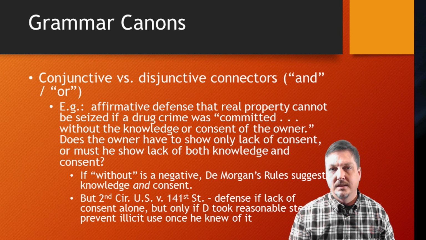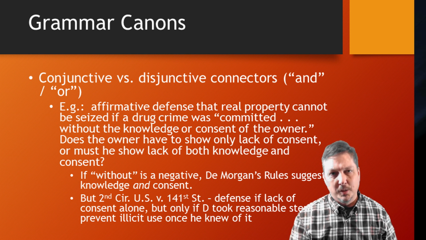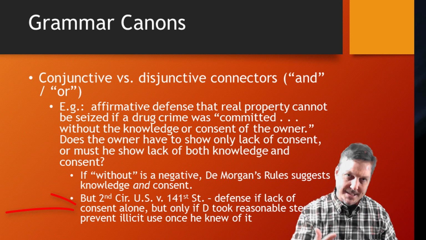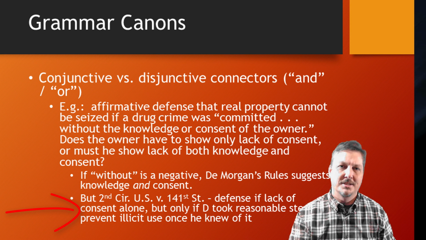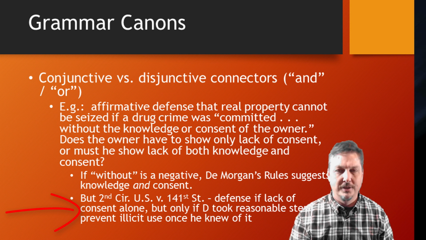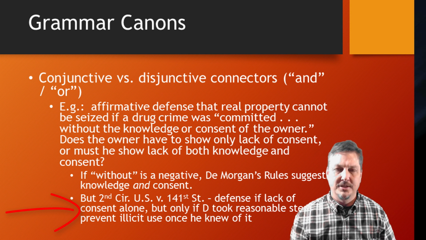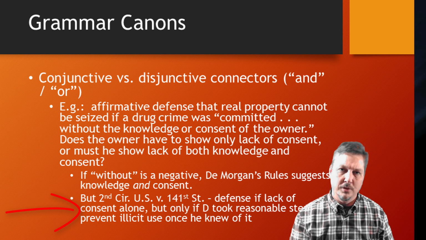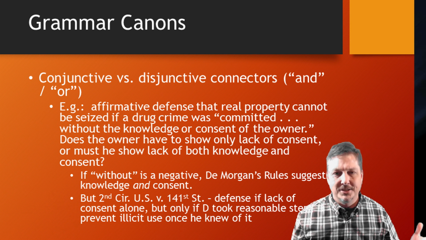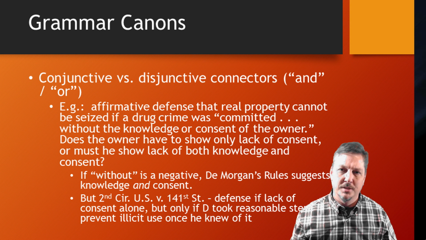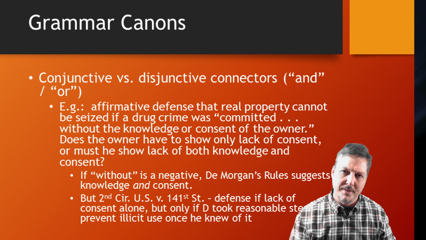Now, just to confuse things a little bit more, in this particular example, the Second Circuit decided this case and said it's a defense if there's a lack of consent alone, but only if the defendant took reasonable steps to prevent the illicit use once he knew of it. What's the Second Circuit doing there? Why is it ignoring De Morgan's rules? Well, De Morgan's rules are rules of mathematical set theory.